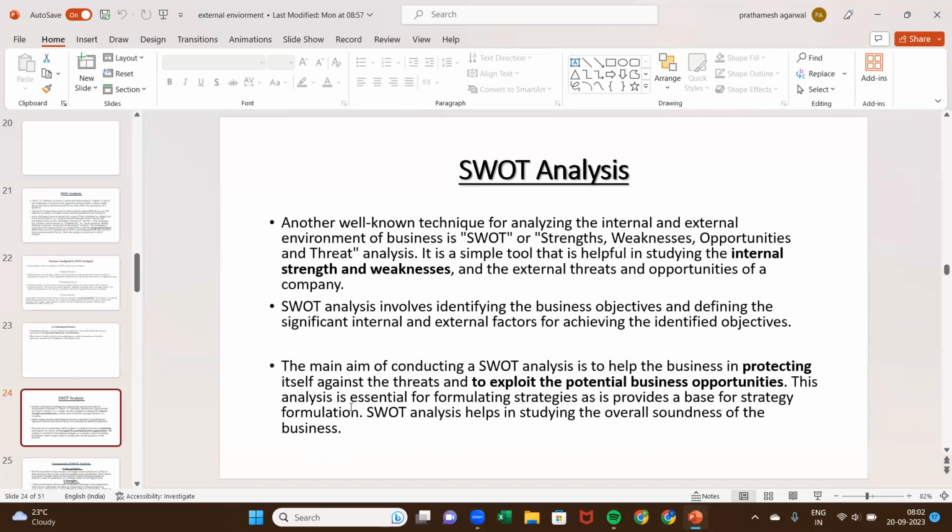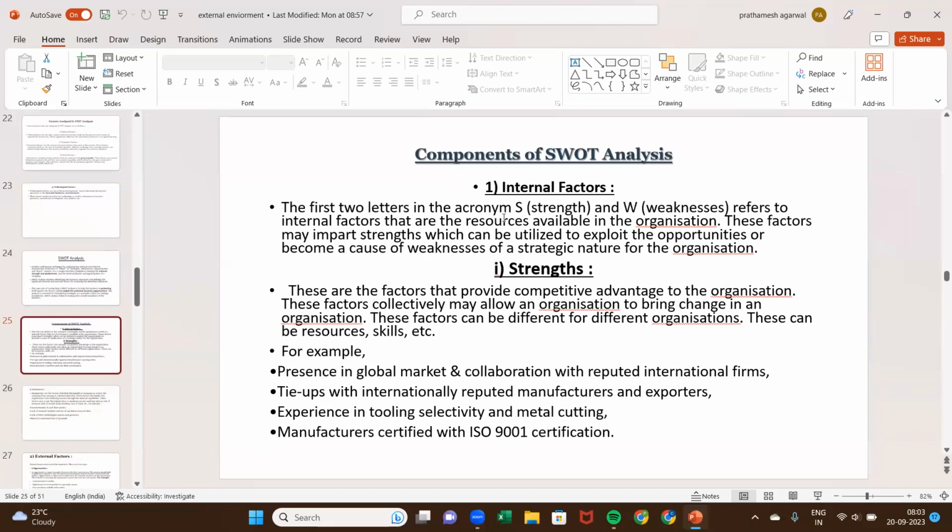This analysis is essential for formulating strategies because it provides the foundation for strategic formulation. SWOT analysis also helps in studying the overall soundness of the business, meaning how the business is going on.